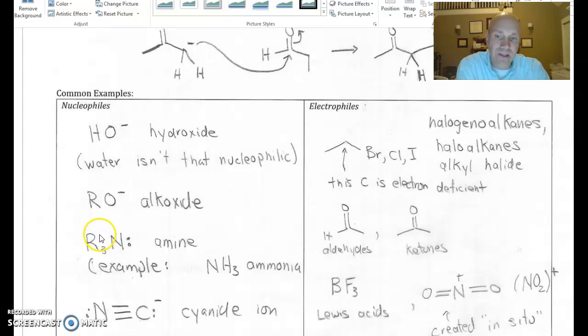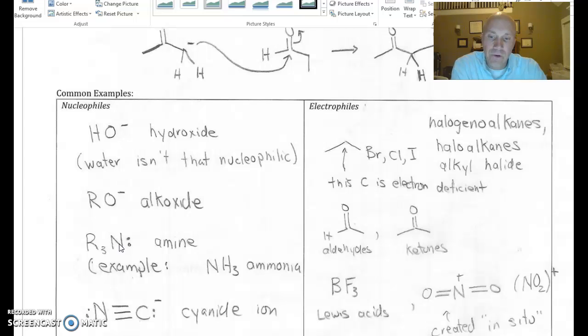Another example is an amine. Notice here, whereas the hydroxide and the alkoxide had to be negatively charged in order to be nucleophiles, an amine is perfectly happy to be a nucleophile even when it's neutral. The best example of an amine is NH3, which is ammonia. But notice that the 3 things coming off this nitrogen could either be R groups or hydrogens, or combinations of those.